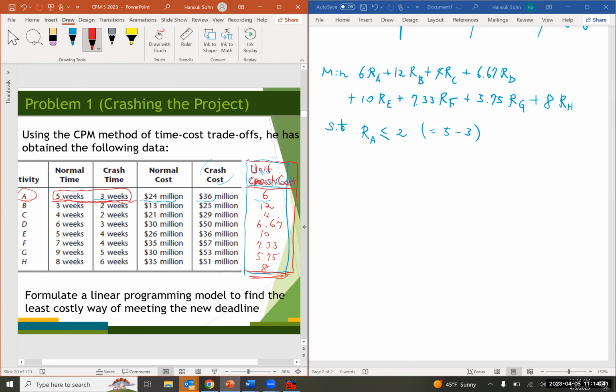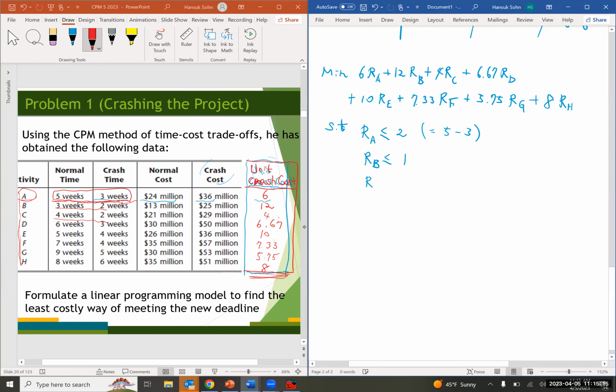So we have an inequality constraint for every activity A through H down here. Okay, so similarly, R sub B is going to be 3 minus 2, which is 1 week, right? R sub C is going to be 4 minus 2, which is 2 weeks, right?